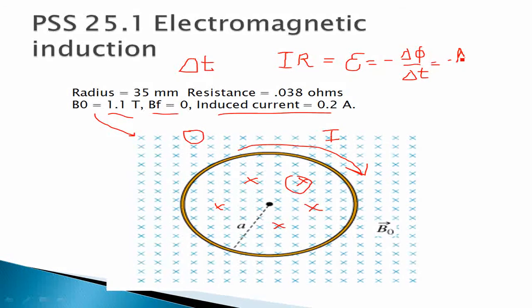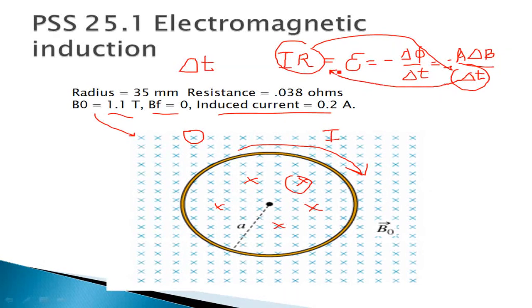So we can bring that area outside here and write this as delta B over delta T. And let's go ahead and solve this for delta T. So bringing the delta T over to the left-hand side, taking the IR and putting it underneath down here, we get an equation that says delta T.